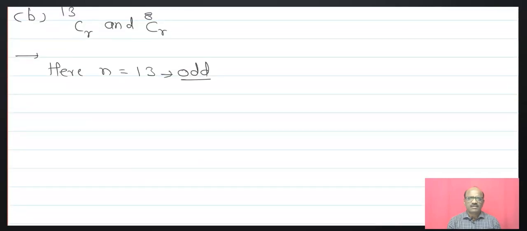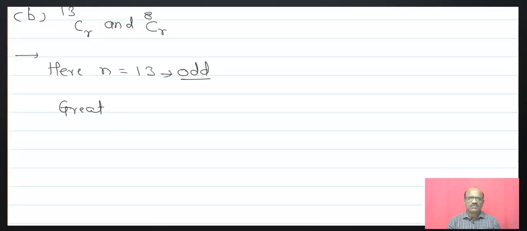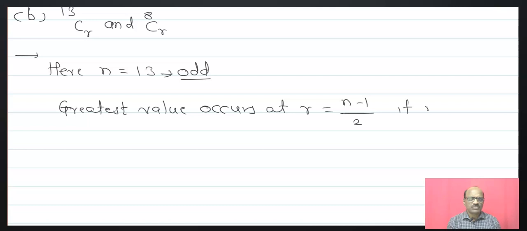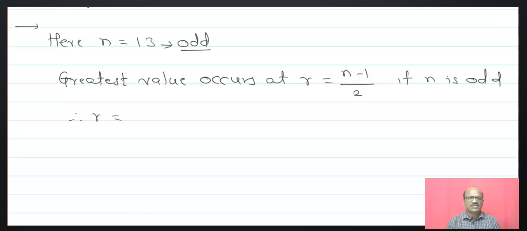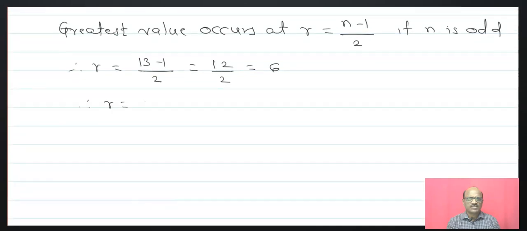Therefore, to find out the greatest value when n is odd, greatest value occurs at r is equals to n minus 1 upon 2, that is 13 minus 1 upon 2, that is equals to 12 upon 2 is equals to 6. Therefore, r is equals to 6.